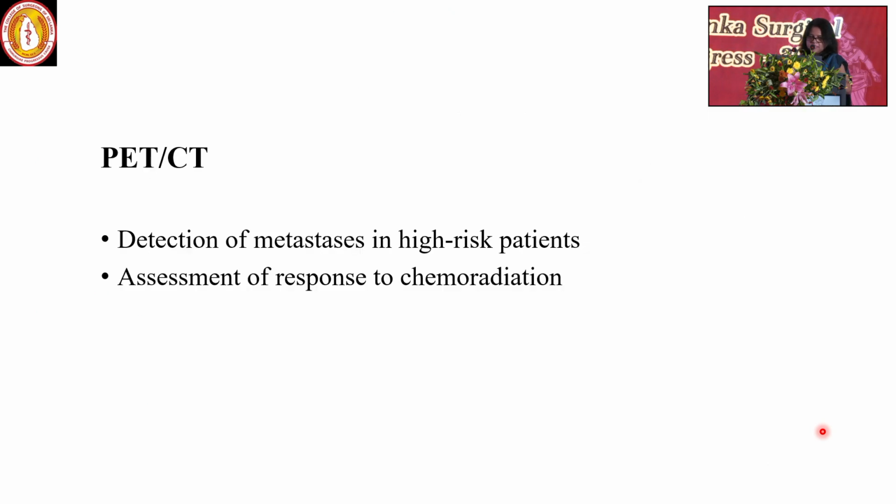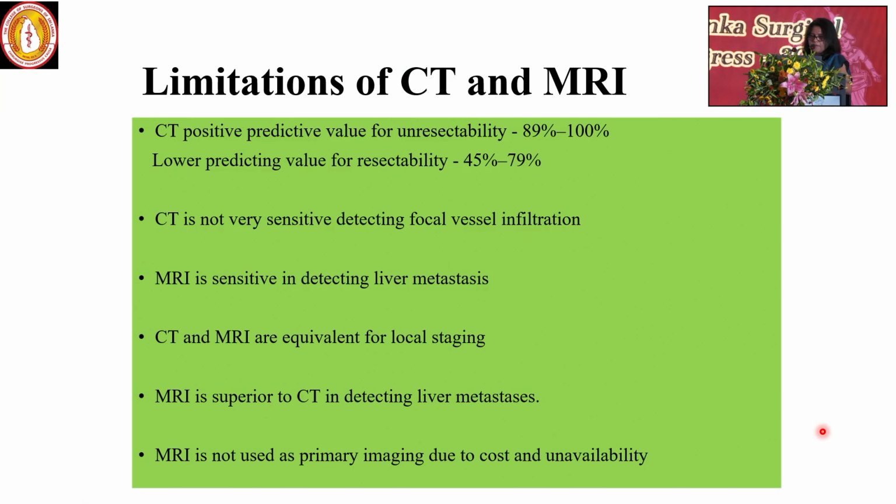PET CT, that we use to detect the metastasis in high risk patients and for assessment of chemoradiation prior to surgery. So when you compare CT and MRI, the good thing is CT positive predictive value is very close to 100 percent for unresectability. But unfortunately, the predictive value for resectability is closer to 80%.